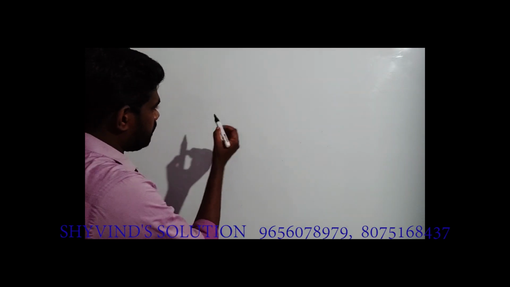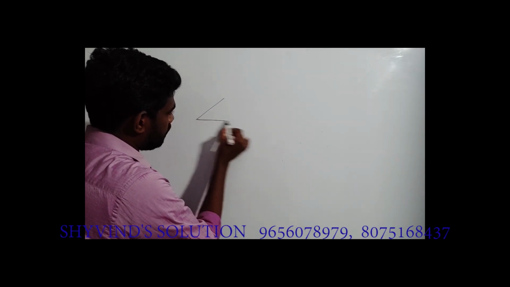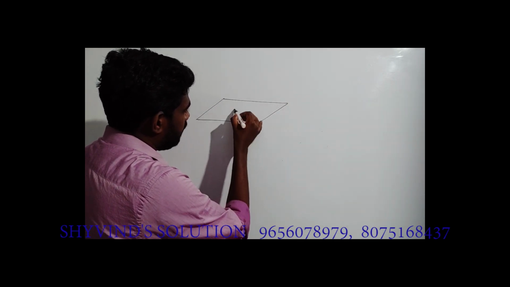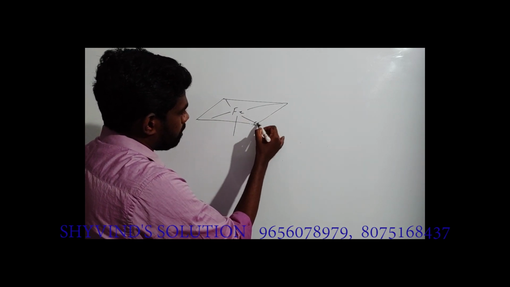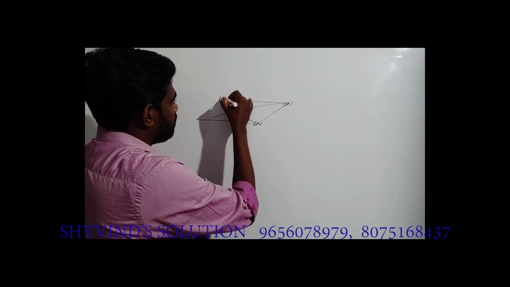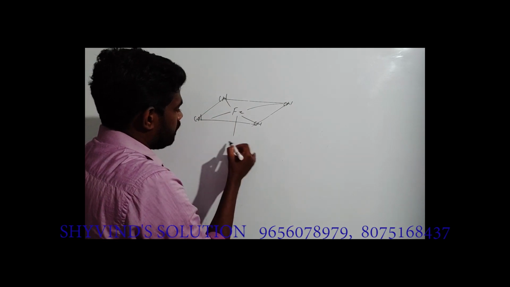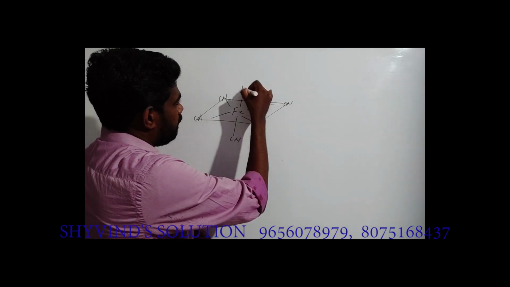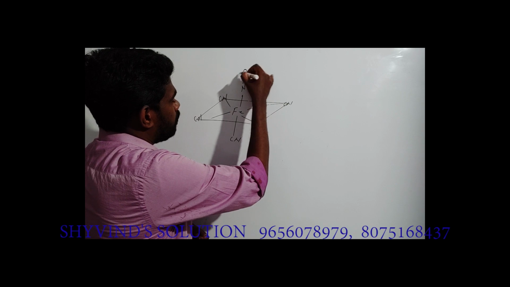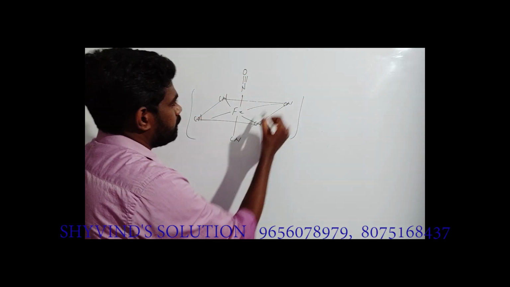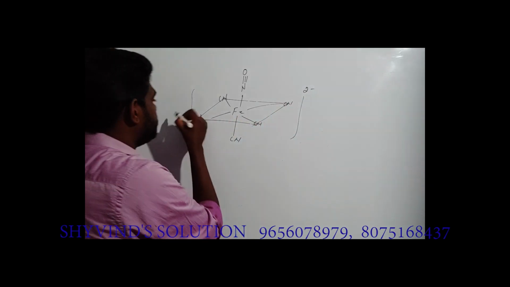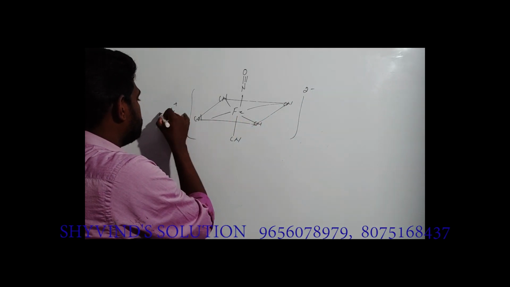It's an octahedral complex of iron, Fe, with five CN and one NO triple bond O. The complex is a 2- species, and we have 2 Na+.